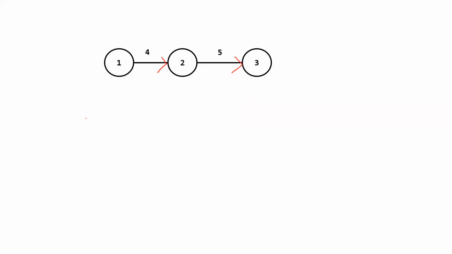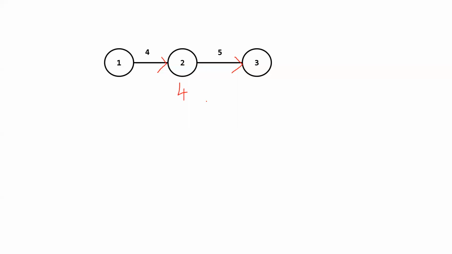The distance from 1 to 1, the distance between a node and itself, is always 0. Then what is the distance between node 1 and node 2? There is a direct edge connecting node 1 and node 2, so the distance between node 1 and node 2 will be 4.